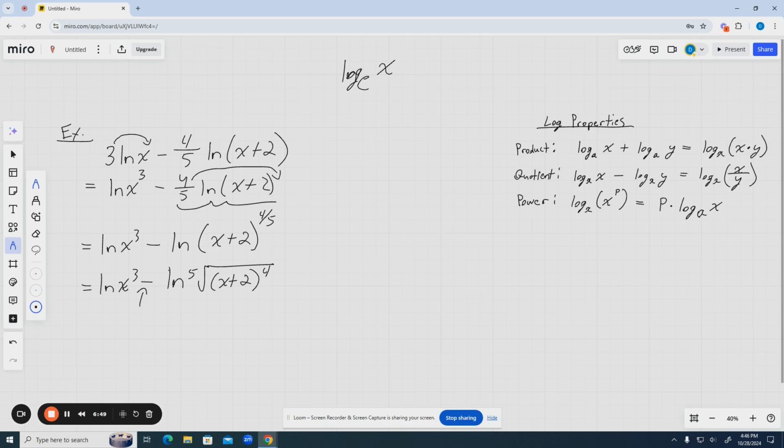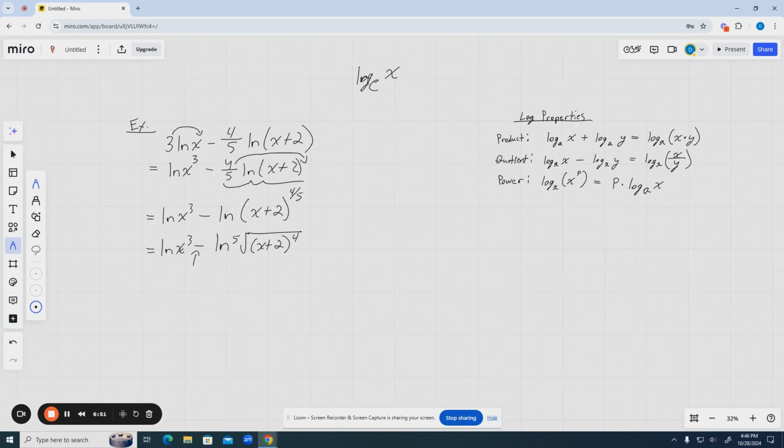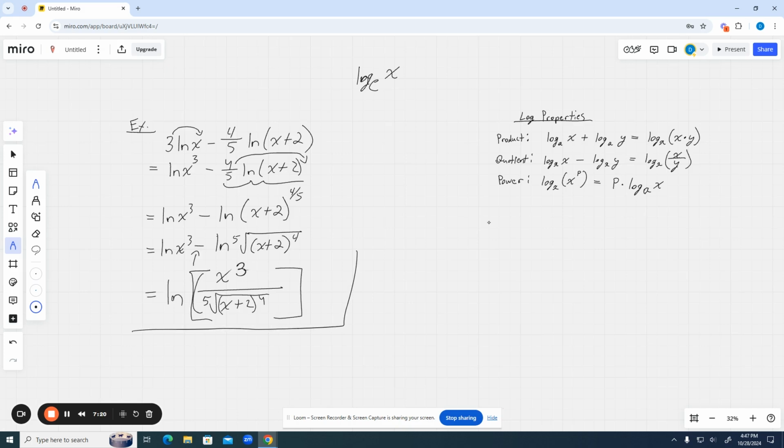They have the same base, and I can rewrite them as saying they're divided by each other. So I can rewrite this as ln of x cubed all over the second term. And this could be a version of a simplified answer, depending on our question.